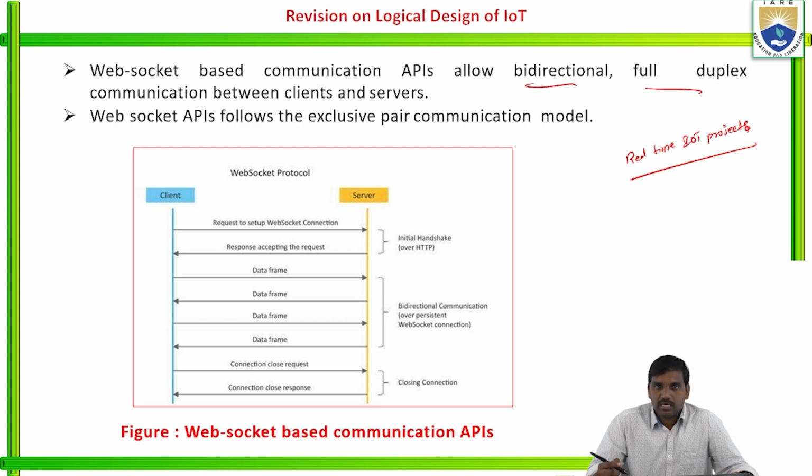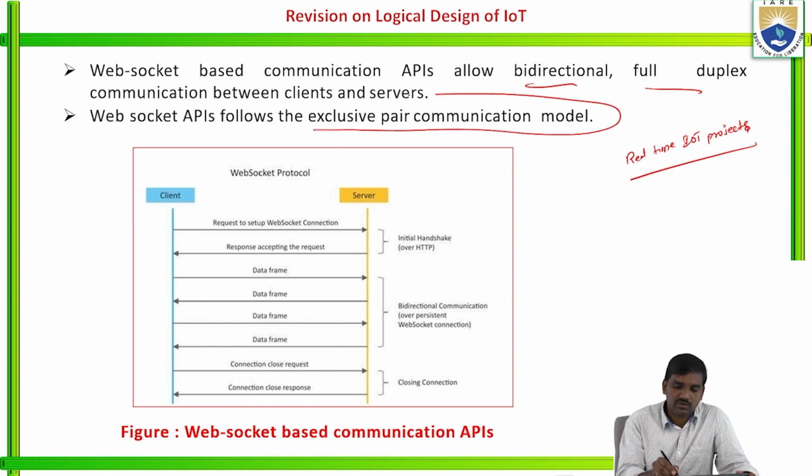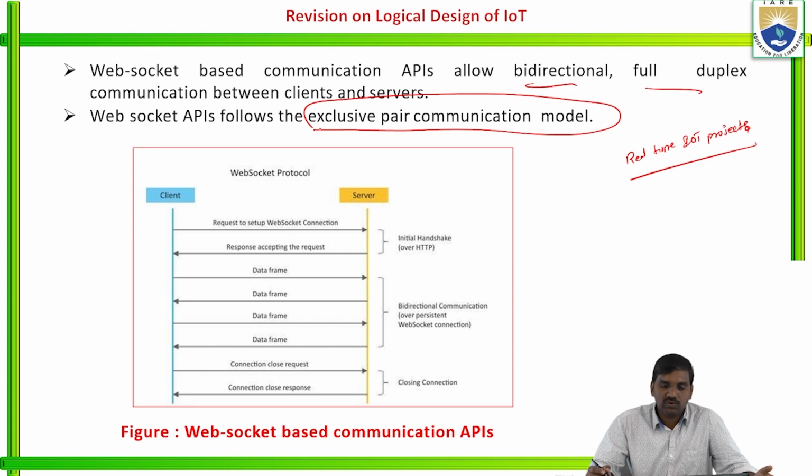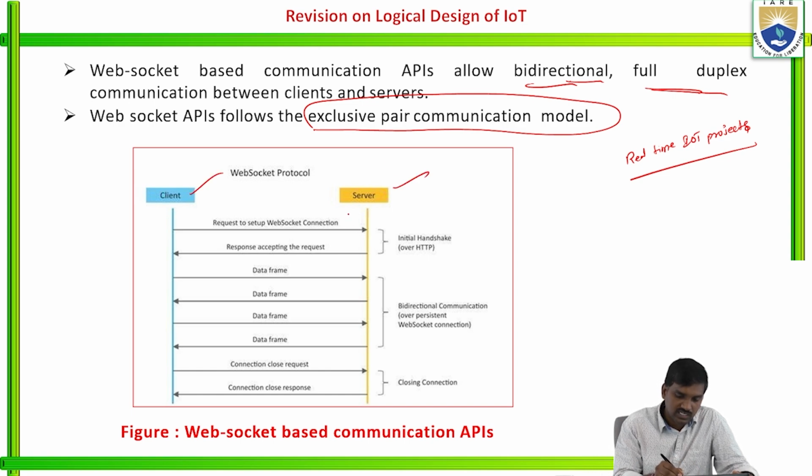I already told you many times: REST API follows the features of the request-response communication model, but the WebSocket communication API follows the features of the exclusive pair communication model. That's why it is bidirectional and full-duplex communication between the client and the server. So these are the important introduction points regarding WebSocket communication API. Client and server set up a WebSocket connection, request accepting, data frames.